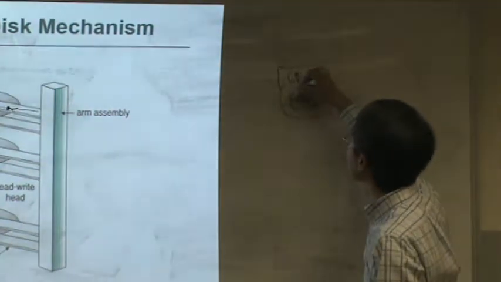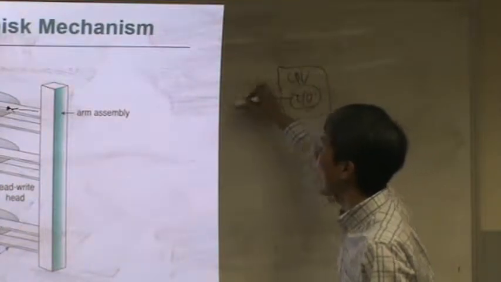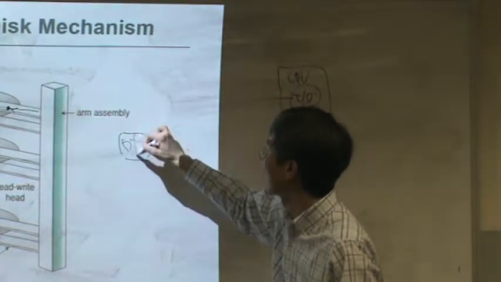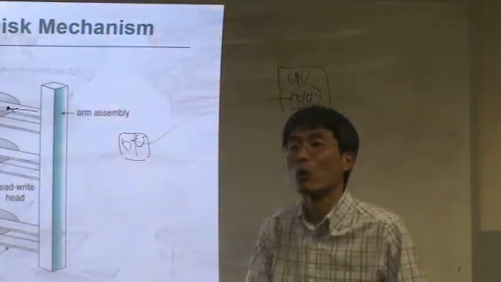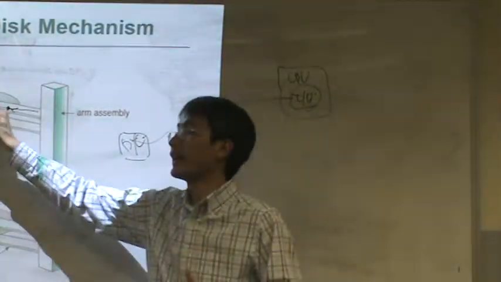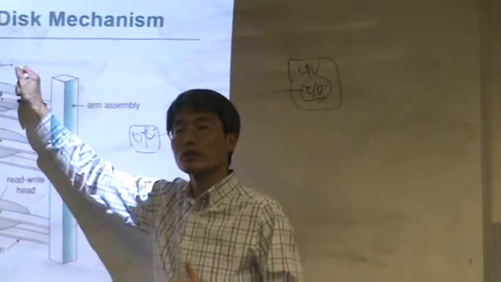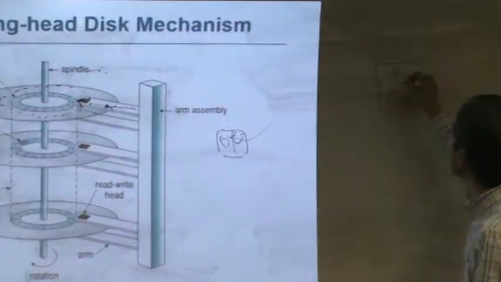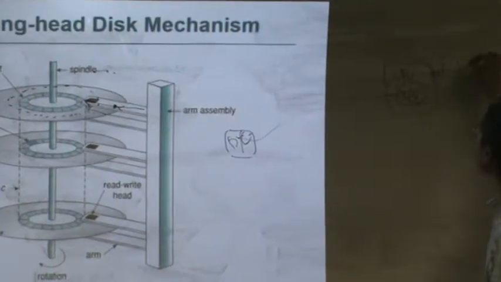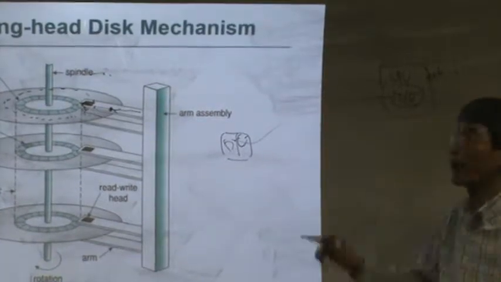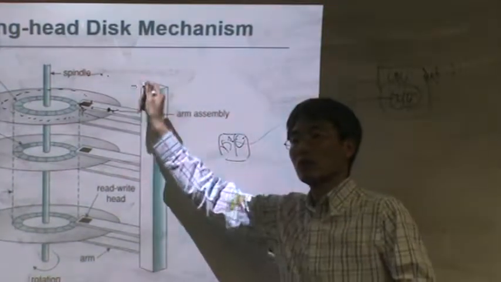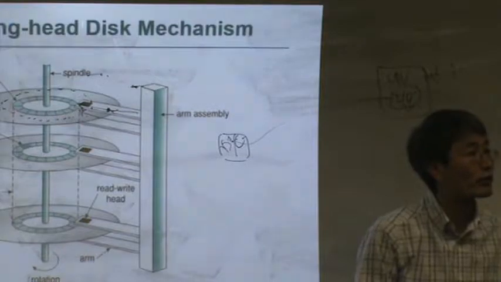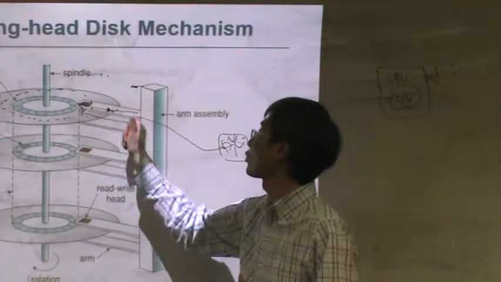Then the operating system will ask this controller to read the data with the information about the address: track number, cylinder number, and the block I. Actually, it is a symbolic address, like the integer I. It can be converted into the physical address.